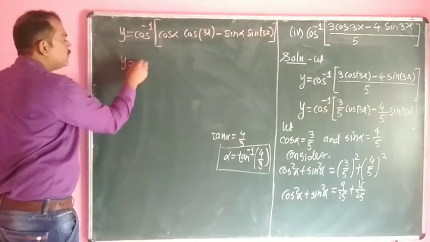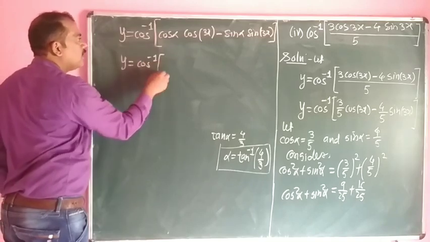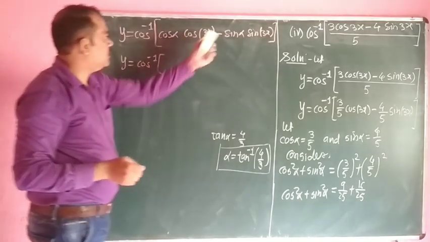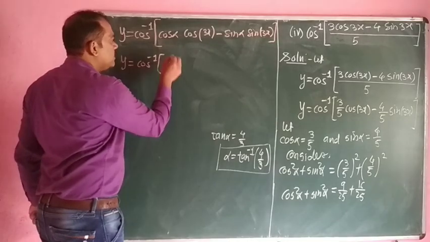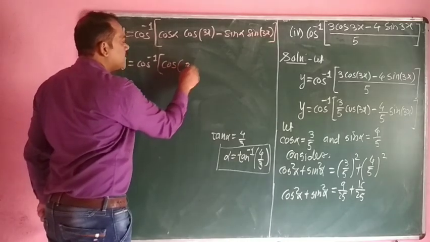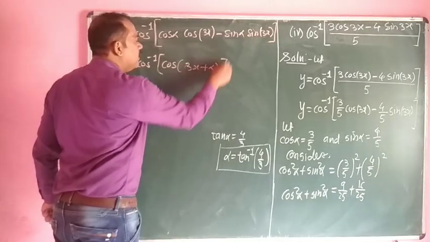Here a minus sign is there, so we have to know the value of cos of 3x plus alpha.